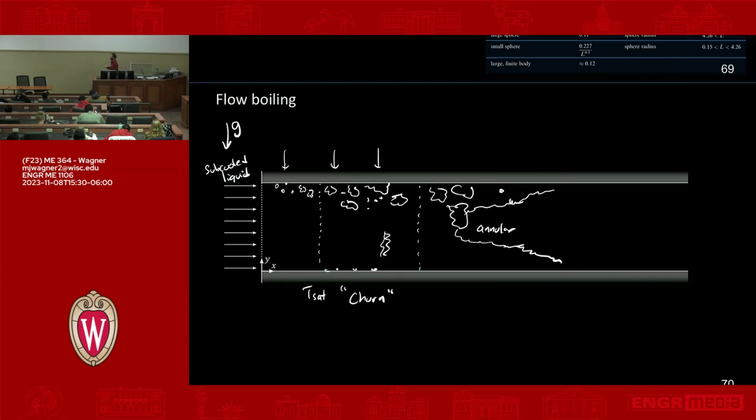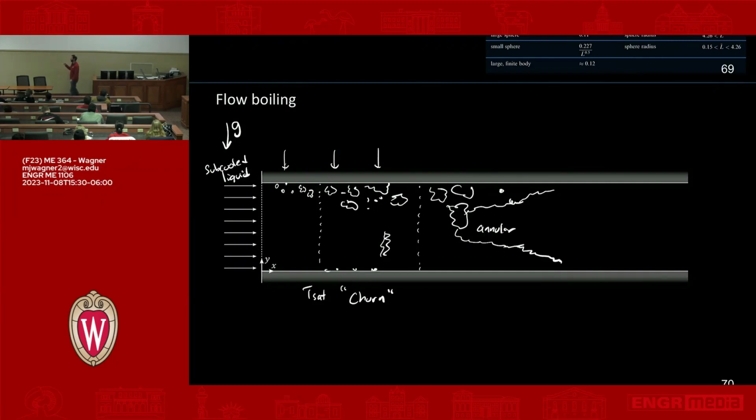And you maybe wonder why this is occurring. The annular region is this collection of steam vapor that's moving at a higher velocity. Well, maybe it's obvious, but why would it all be at the middle? Well, it's because there's shear stress between the wall and the flow.